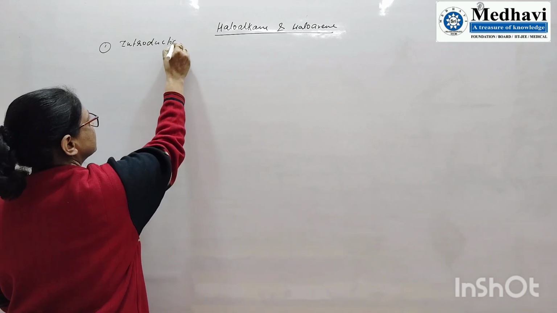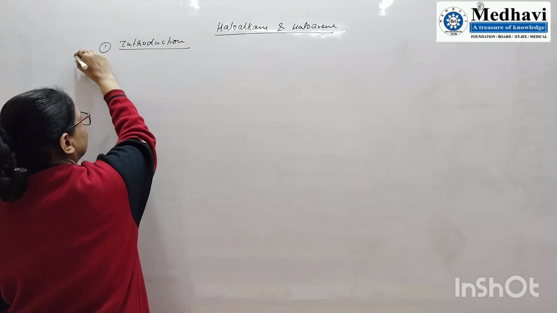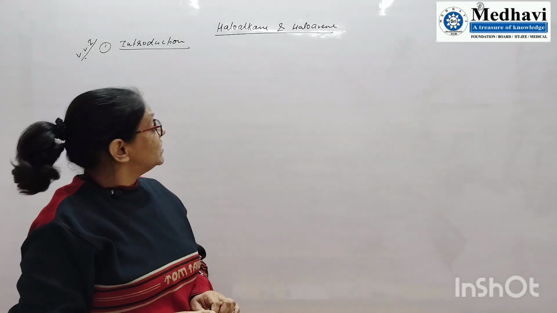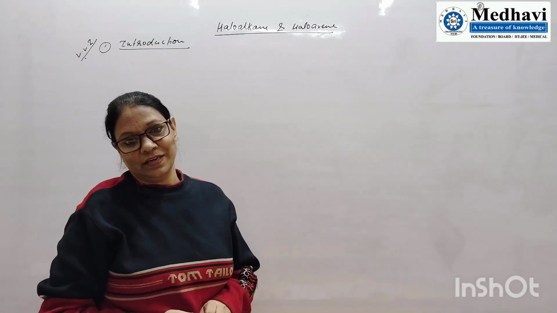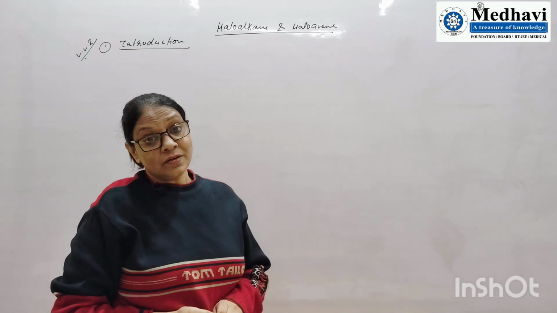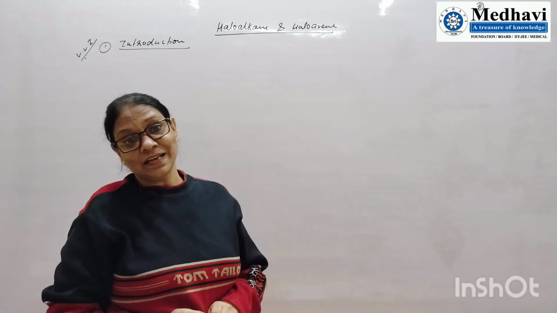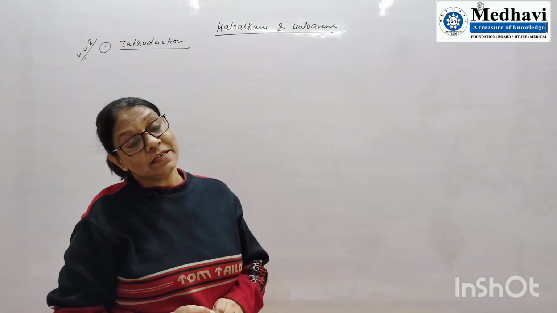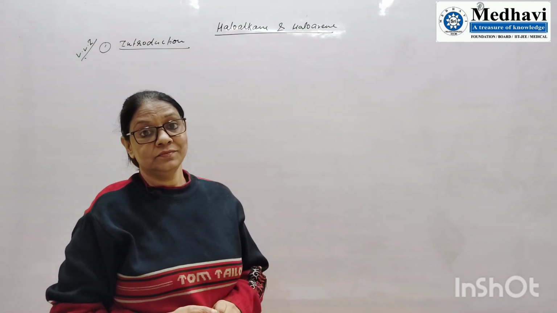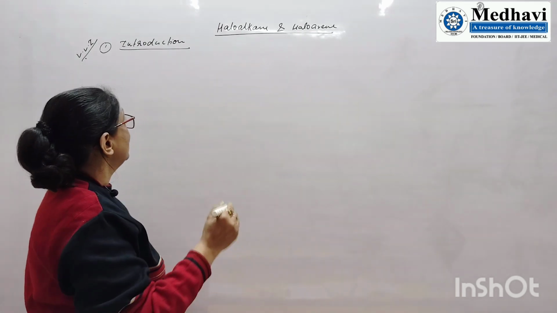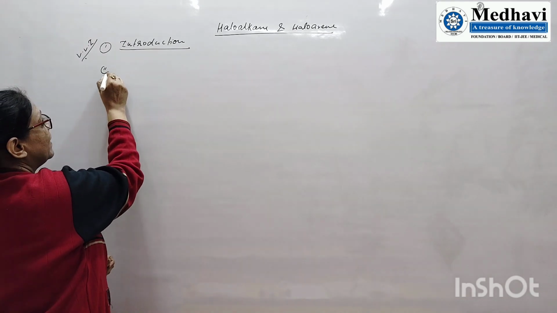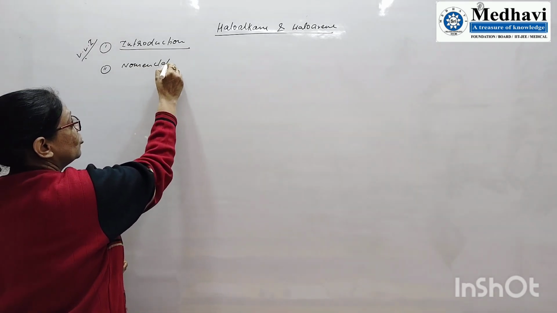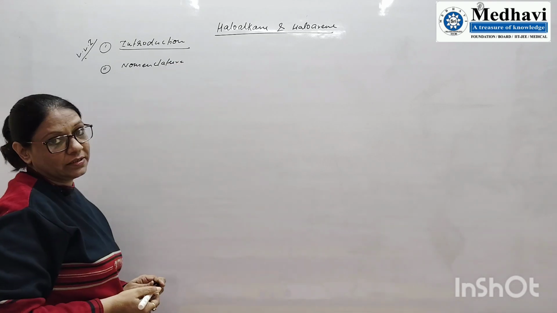Very important. According to me, this is the most important part of organic chemistry, because if you don't identify the compound, then how will you explain its properties? After the introduction part, second is the nomenclature part. Its nomenclature is going to be very important.